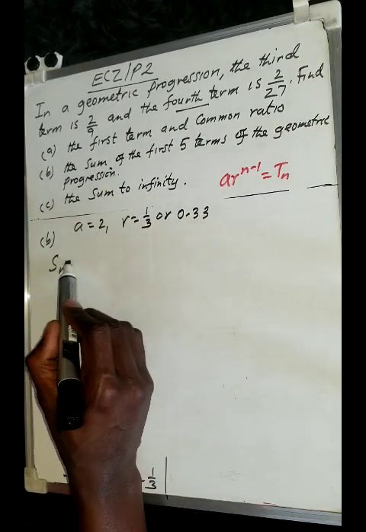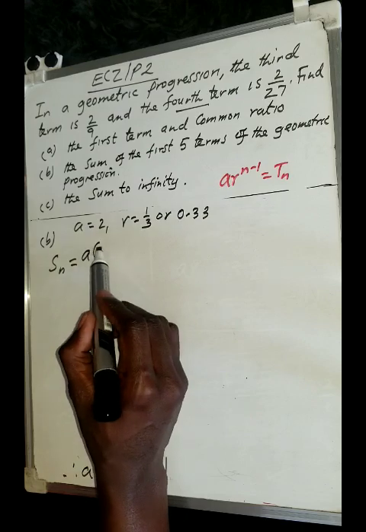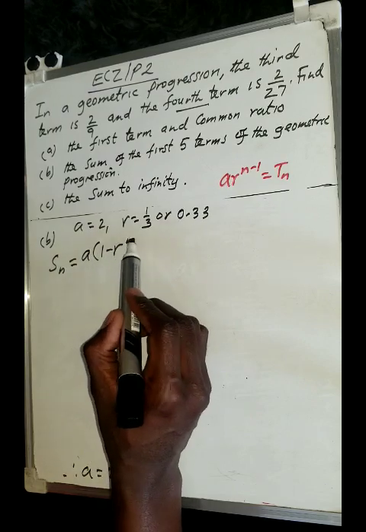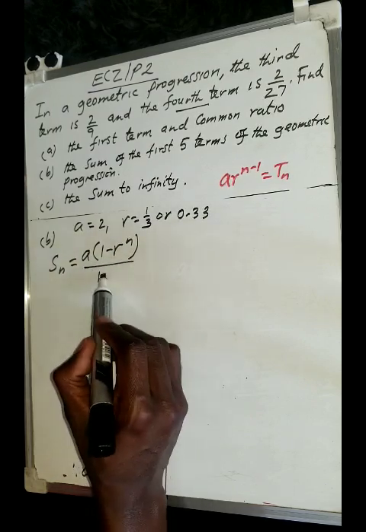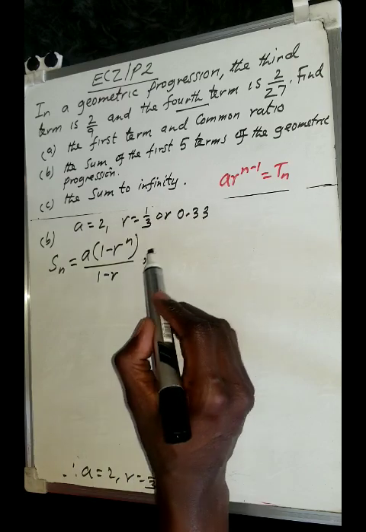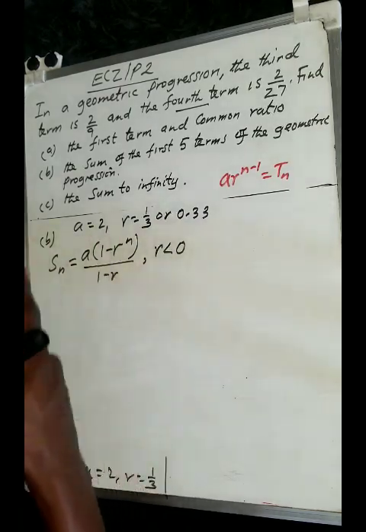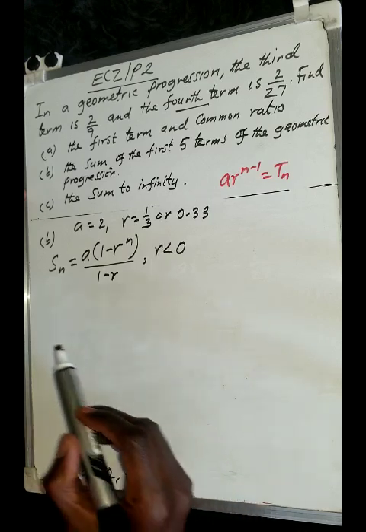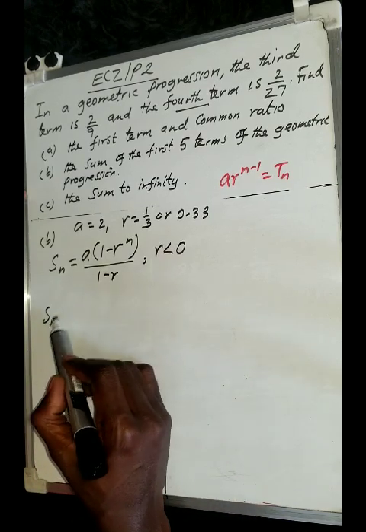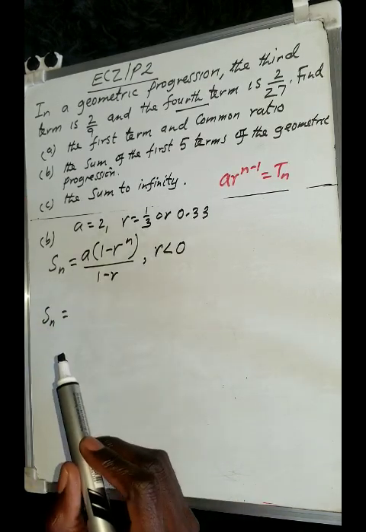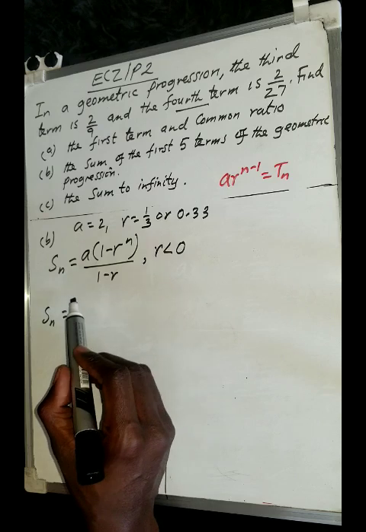Of course, the formula that you apply would be a times 1 minus r raised to the power n, over 1 minus r. Why use this formula? Because our r is actually less than 1. So when your r is less than 1, you simply apply that one. So it is going to be Sn is equal to, what is our first term in the sequence?